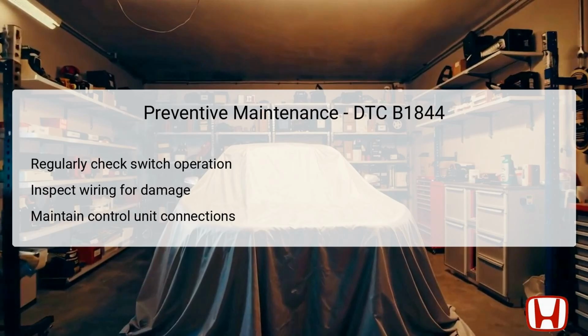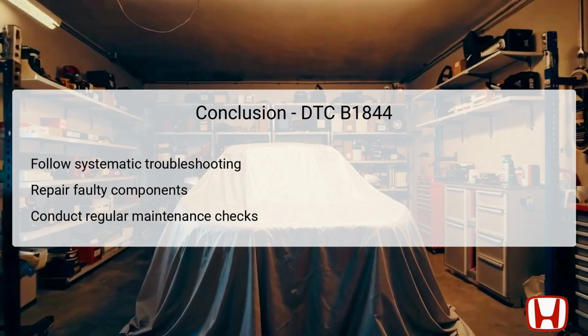Furthermore, maintaining clean and secure connections at the control unit helps to ensure that all signals are properly transmitted, enhancing the longevity and reliability of the power seat systems. Conclusively, addressing DTC B1844 requires following a comprehensive and systematic troubleshooting process to accurately diagnose the issue.